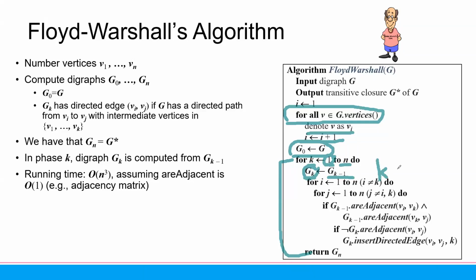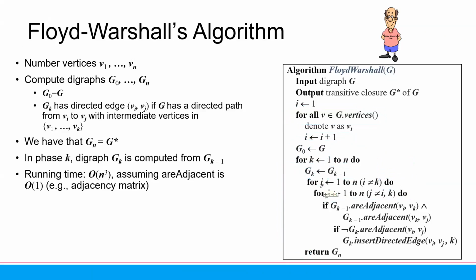If k equals 1, then it will be the same as G0. And then we are going to check for every possible node. Here we will check i from 1 to n, but we are going to limit, so i will not be equal to k.